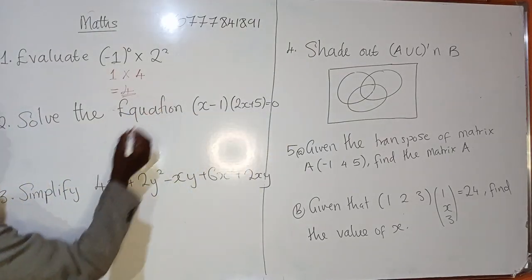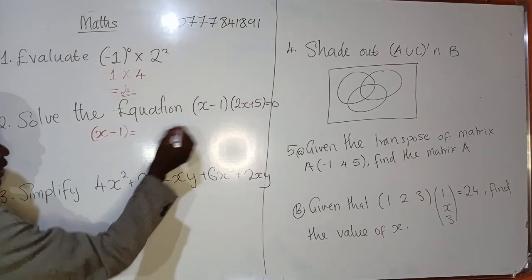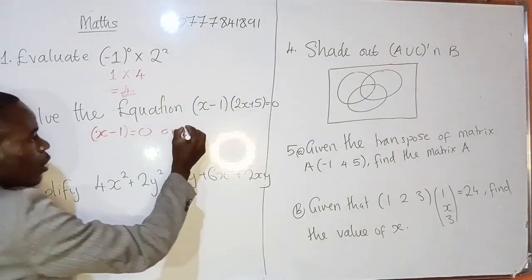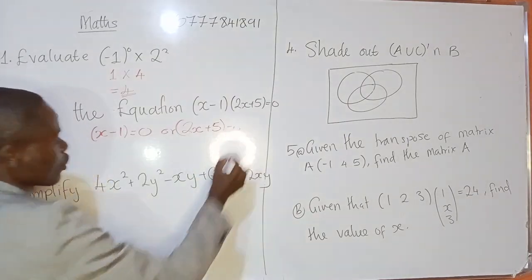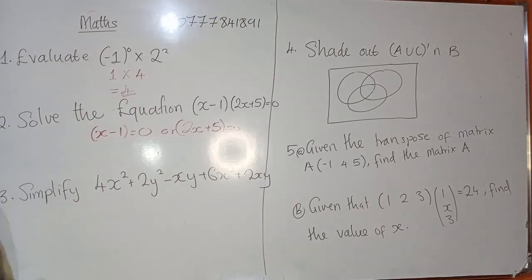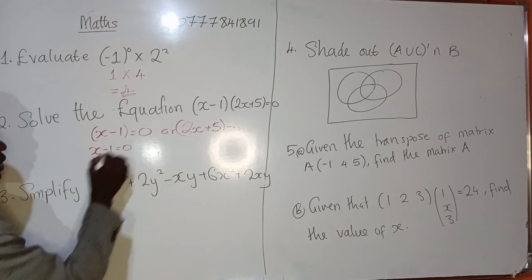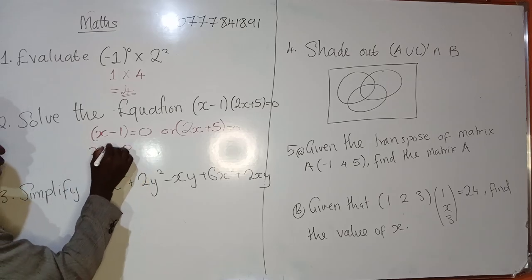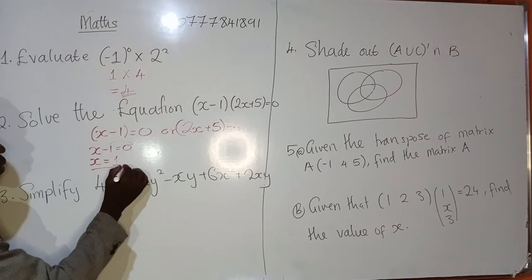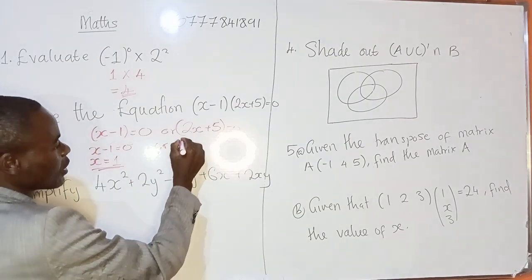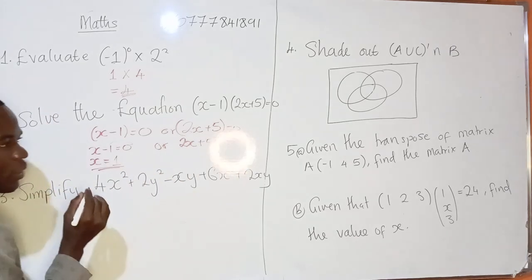So we write x minus 1 is equated to 0, or 2x plus 5 is equated to 0. Then we transpose the negative 1 to the other side, where we have x equals positive 1, or 2x plus 5 is equated to 0.